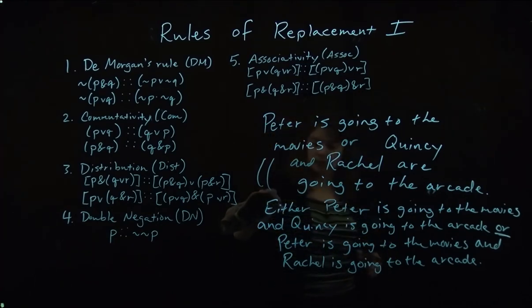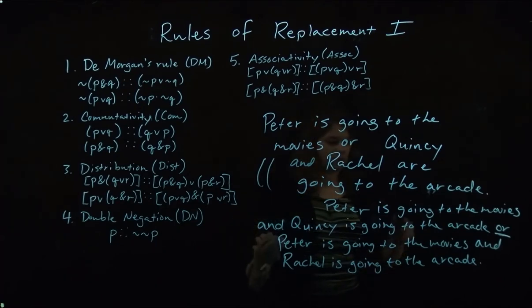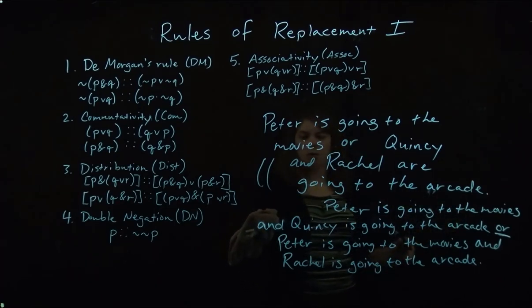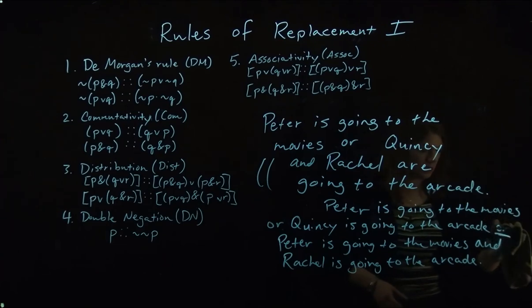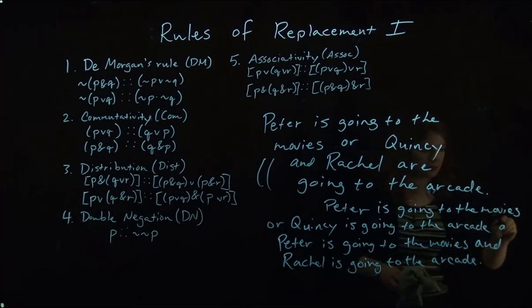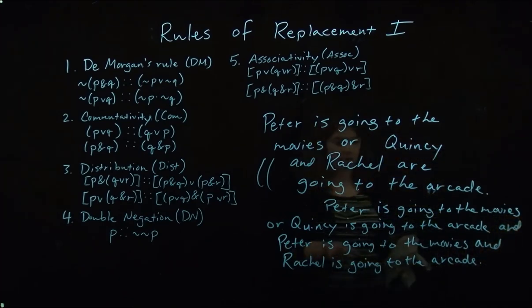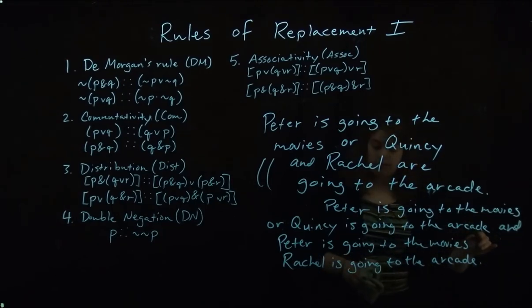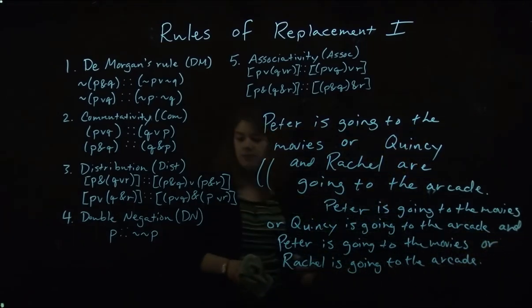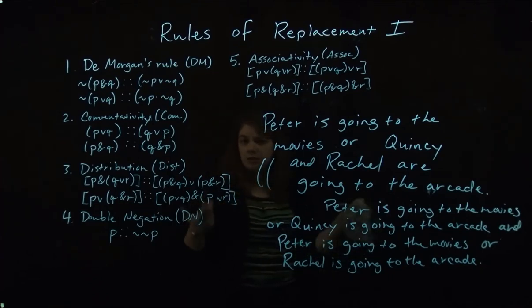In other words, you're saying Peter is going to the movies, or Quincy is going to the arcade, and Peter is going to the movies, or Rachel is going to the arcade. So again, these are just basically spelling out this first statement here.